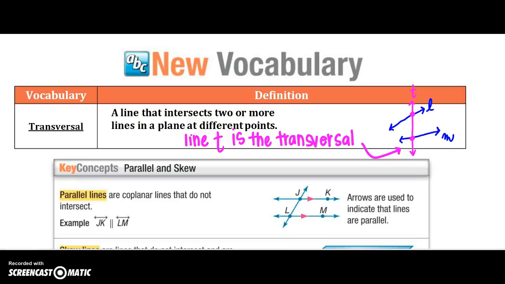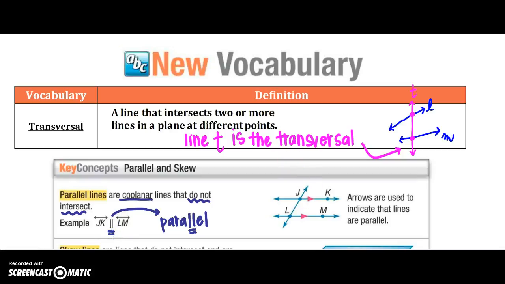Parallel lines are coplanar lines that do not intersect, so they will never intersect. Notice this little symbol right here is going to be our parallel sign. I remember that because those two L's in parallel help us know the two lines in the notation.